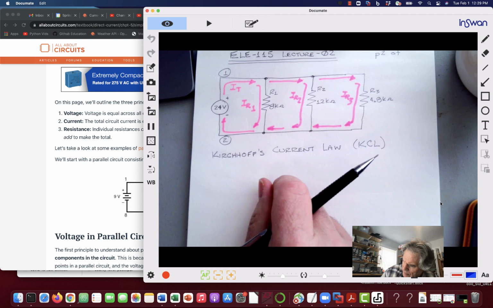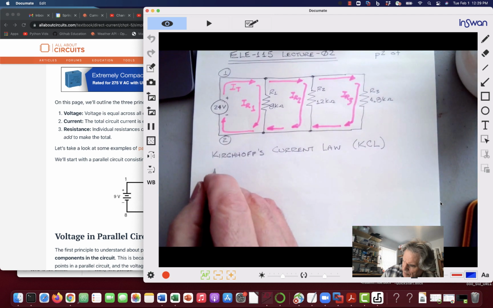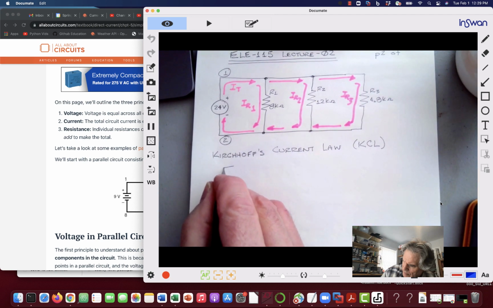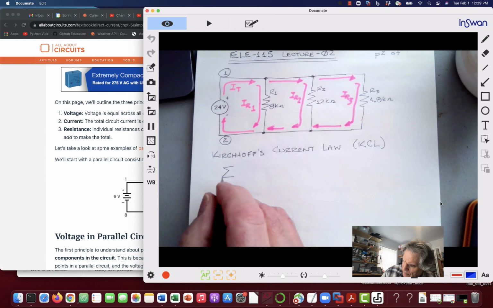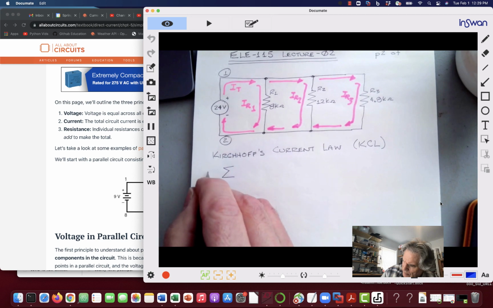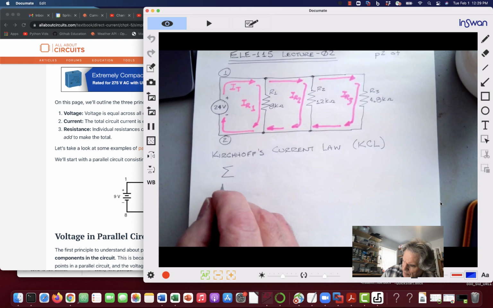And Kirchhoff's current law says the sum of the currents that flow, I guess the best way to say this.